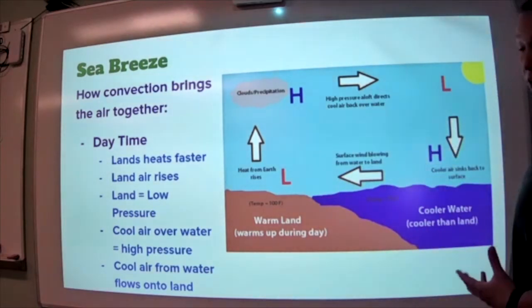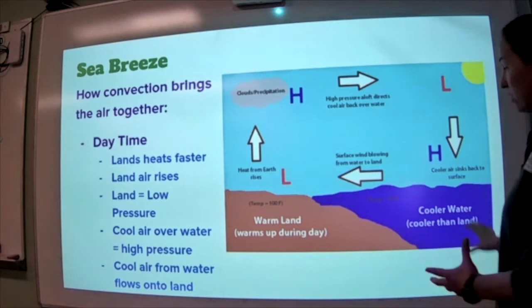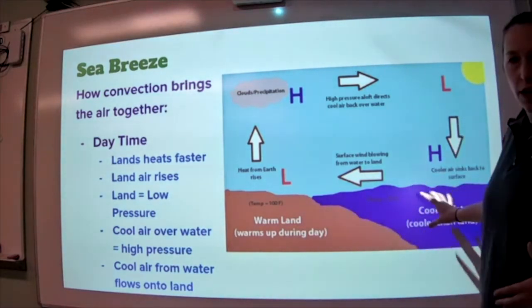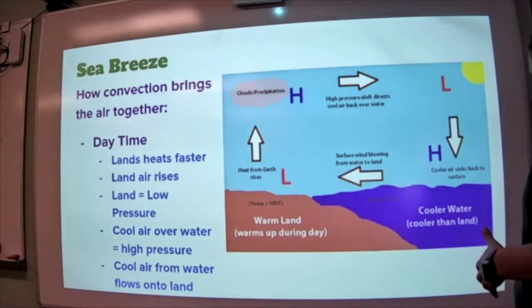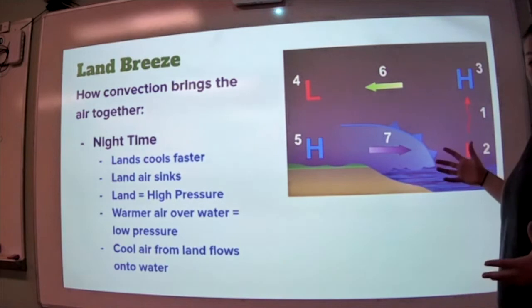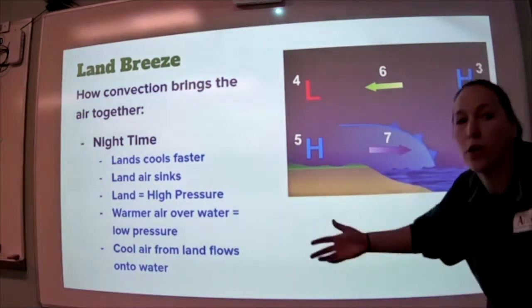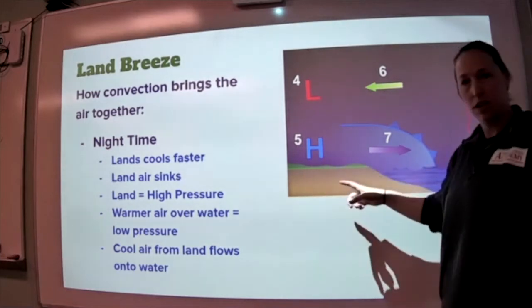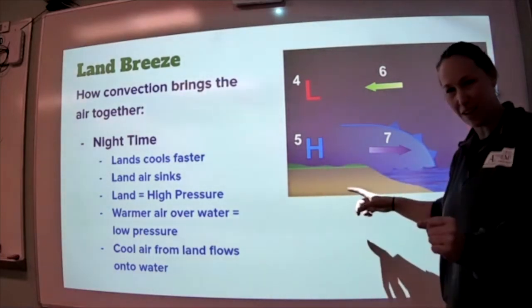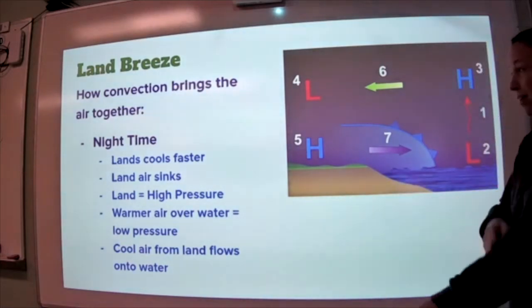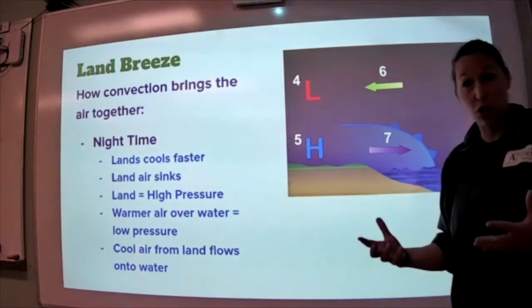Now this happens during the day, but keep in mind, our land and water still heat differently, right? Water doesn't like to change temperature. Land has no problem changing temperature. So at night, right, where'd the sun go? There's no sun, which means land is now gonna cool down rapidly. It's gonna get way colder, way faster than the water is. And this ends up kind of reversing what's going on.